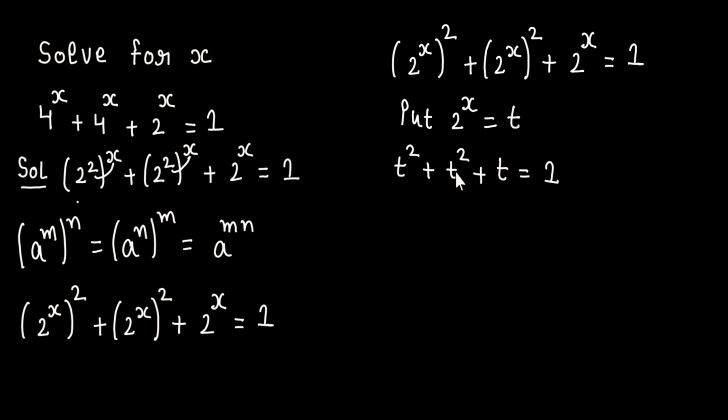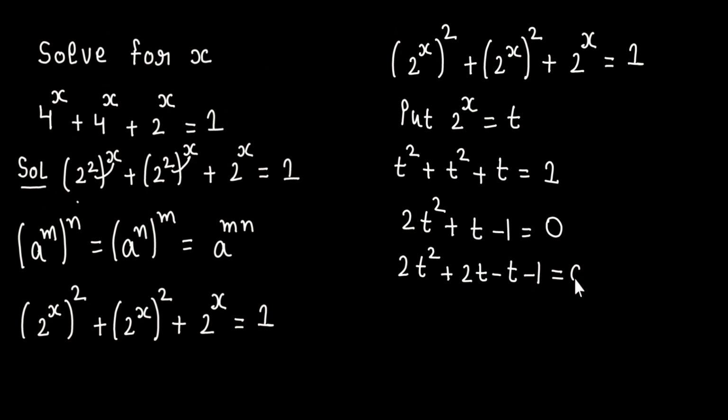So t square plus t square comes to be 2t square plus t minus 1. It is a very simplified quadratic equation. I can solve this quadratic equation by middle term splitting, that is, I can split t as 2t minus t, minus 1 equals to 0.